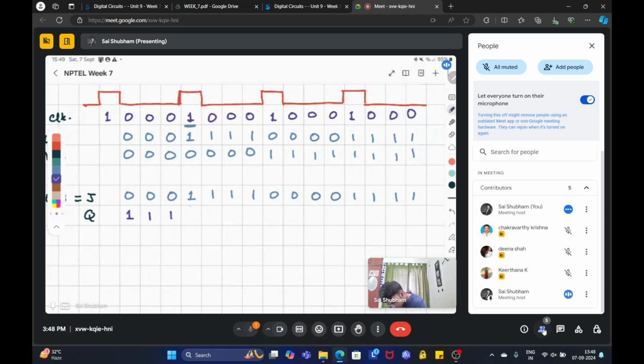Now, as soon as you have J as 1, it will toggle, right? J equal to K. Okay. So it will toggle. Sorry, it will remain the same till the next 1 appears, and then it will toggle again.